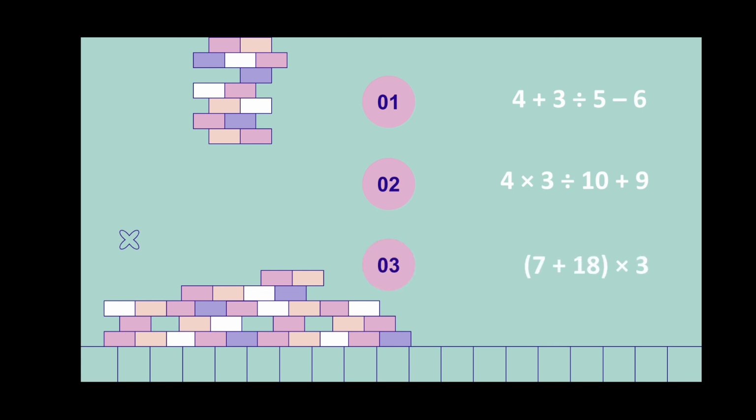Number 3, open parenthesis 7 plus 18, close, times 3. Number 4, 36 minus 2 plus 10. Number 5, 55 divided by 11 plus 12 times 9. And number 6, 2 plus 13 minus 7.